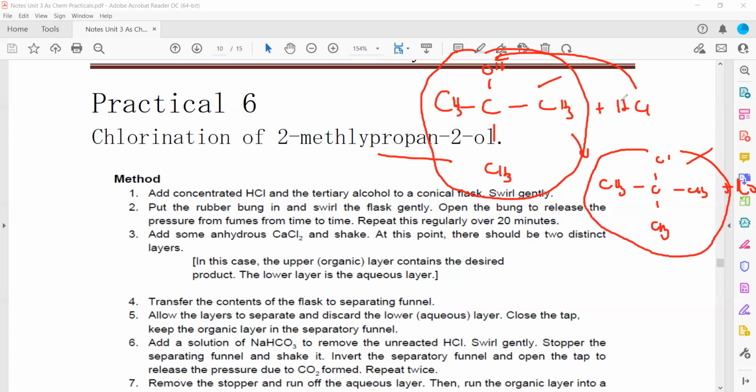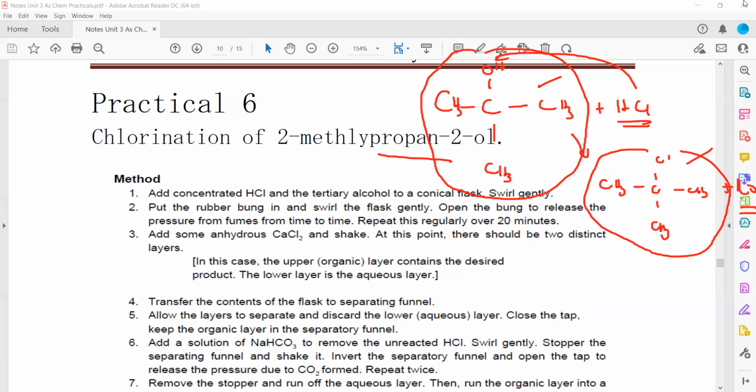They will be mixed with each other, and HCl is there and H2O, which is also produced, so they will mix, and as a result we will have two layers. So add some anhydrous calcium chloride, which will absorb any water, and at this point there should be two distinct layers.